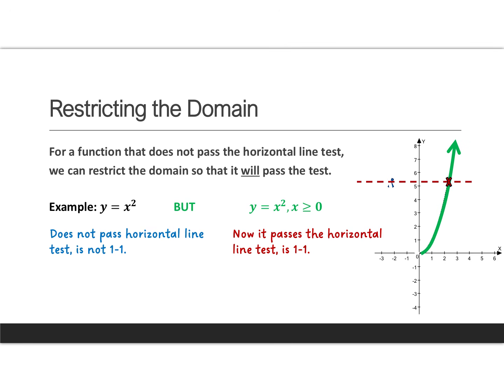So we're going to do it right now. For a function that does not pass the horizontal line test, we can restrict the domain. Because if we had the full quadratic, the actual inverse, and I'll show you how we come to that conclusion, goes through the y equals x line.